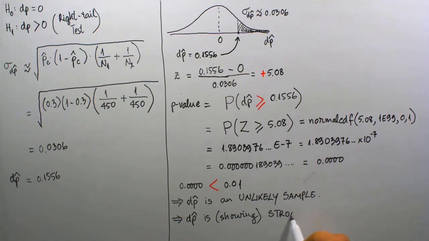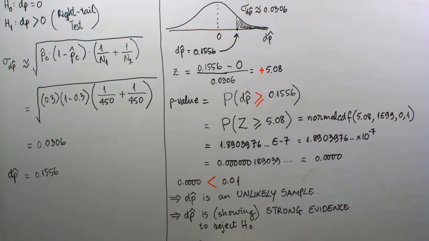The sample itself is strong evidence. And the strong evidence here, on one hand, is for us to reject H sub 0. Or we can say we have strong evidence for us to support H1, the alternative hypothesis.